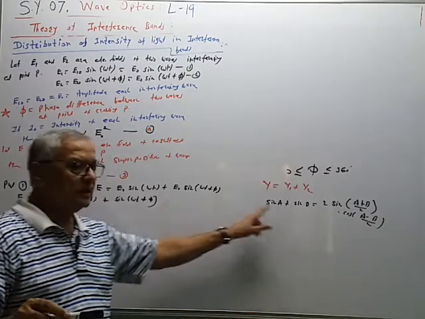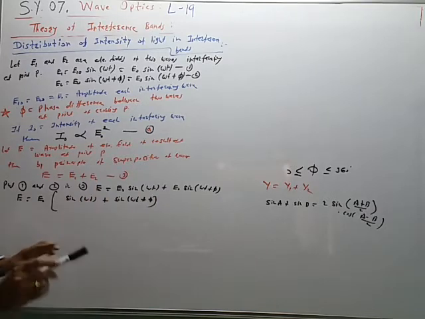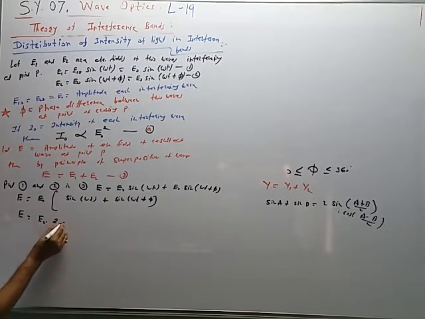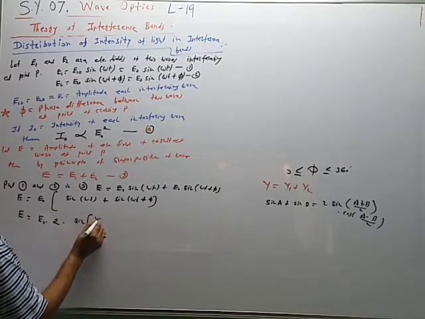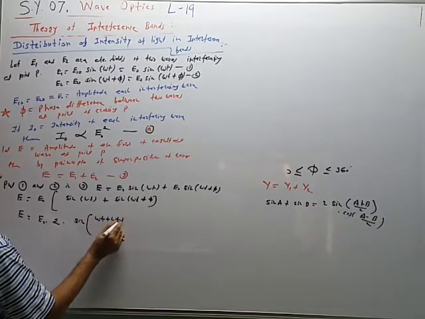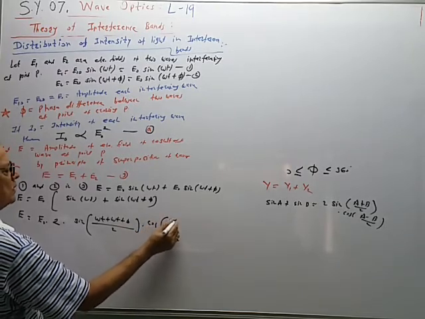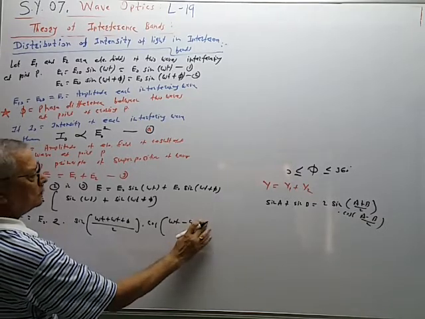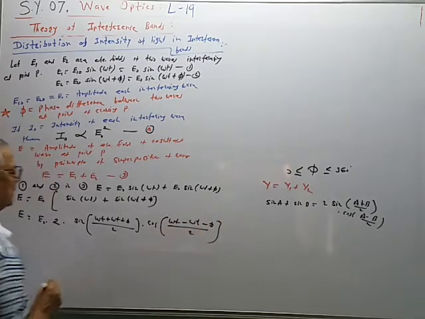So using this formula here, this is A, omega t, and omega t plus phi is B. If you use this trigonometry, then E is equal to E0 into 2 into sin of (A plus B) by 2, that is (omega t plus omega t plus phi) by 2, into cos of (A minus B) by 2, that is (omega t minus omega t minus phi) by 2.